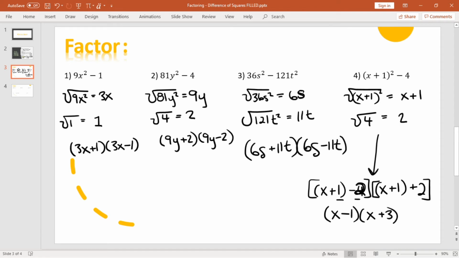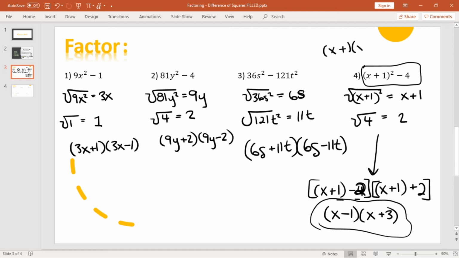And that should give you the same answer when you go back, but it won't look like the same one because it'll be the same as if you took this and expanded it. So watch out. If you did that and then minus 4, you're going to get the same answer as if you expanded this one. Okay? Just kind of a neat extra work one.